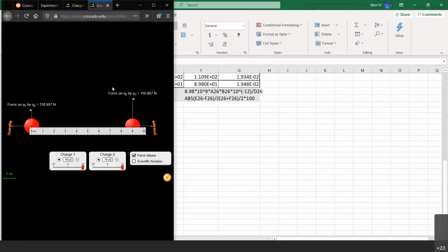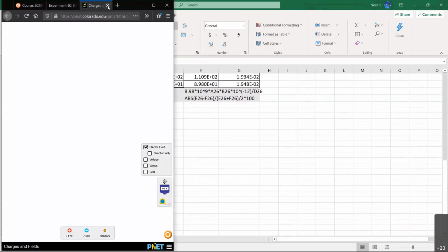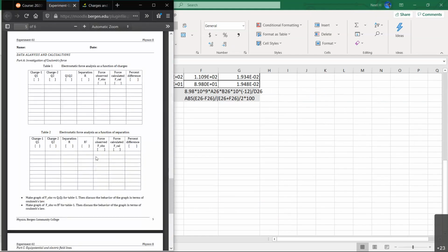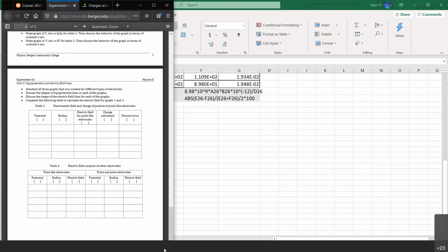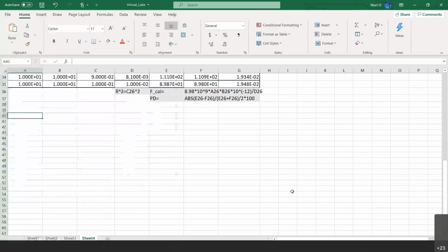Any question so far? So we're done with tables 1 and 2, both graphs. You have to explain the behavior of the graph. And let's take a look at tables number 3 and 4, Part B of the lab. Any questions so far? Everybody okay with the tables?